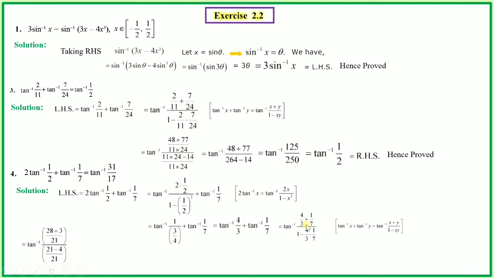LCM 21: 7 fours are 28 plus 3 ones are 3, over 21 minus 4, equals tan inverse of 28 plus 3, 31, over 21 minus 4; this 21 and this 21 cancel. So 31 upon 17 is equal to the right hand side, hence proved.